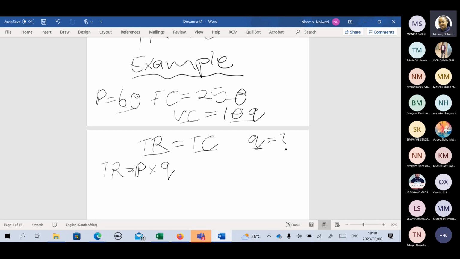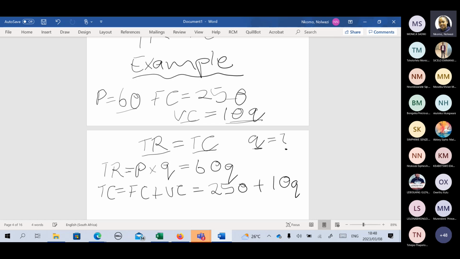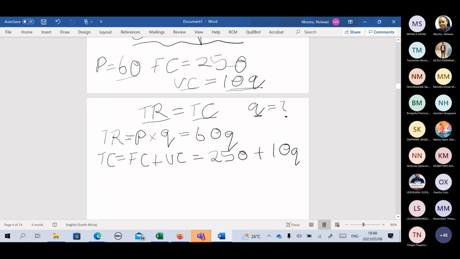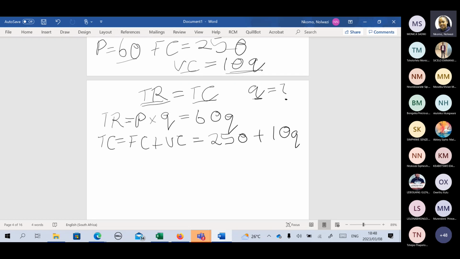So this means we have the total revenue as 60Q, right? And we said the total cost equals the fixed cost plus the variable cost. And our fixed cost is 250, and we said the variable cost is 10Q, right? So plus 10Q. Okay. Now we have these two, we can substitute them back here.